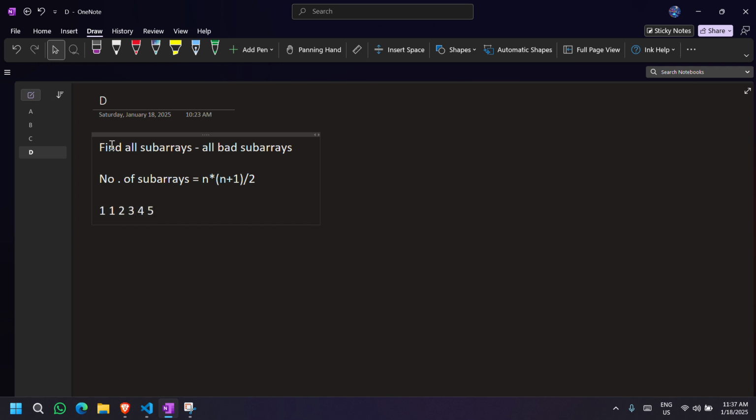So you can see that the two medians are always different. Let's suppose that the length of this subarray is L.